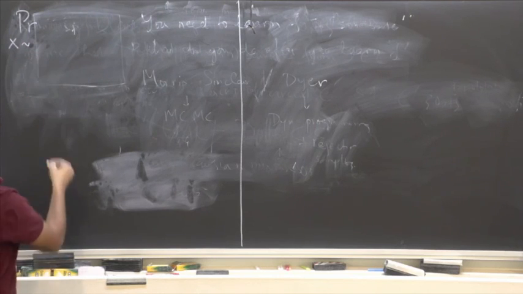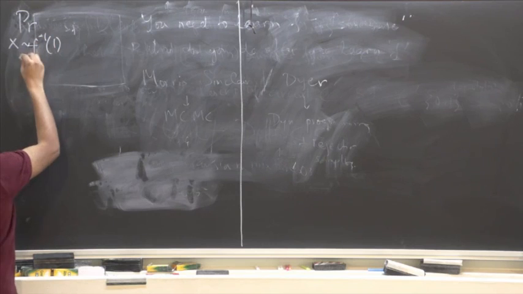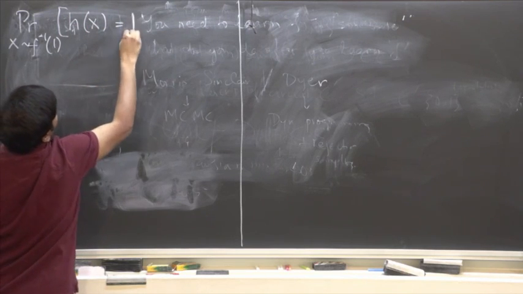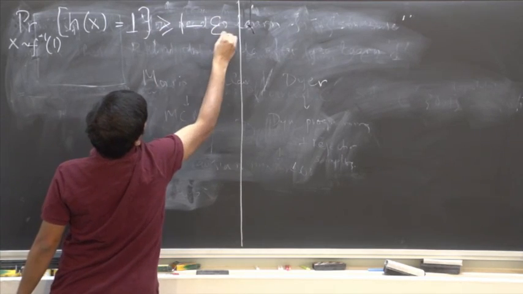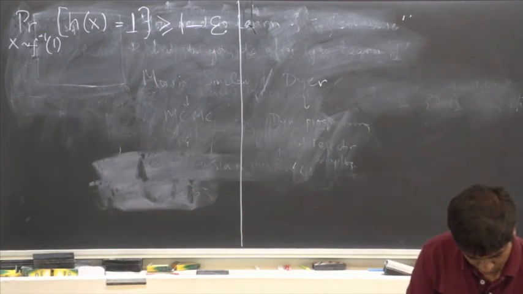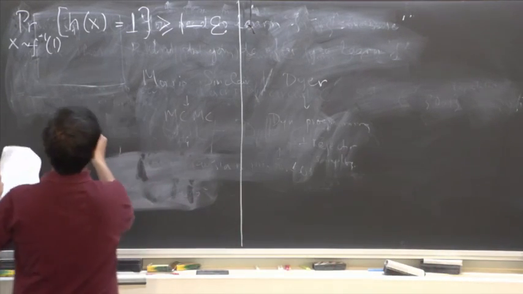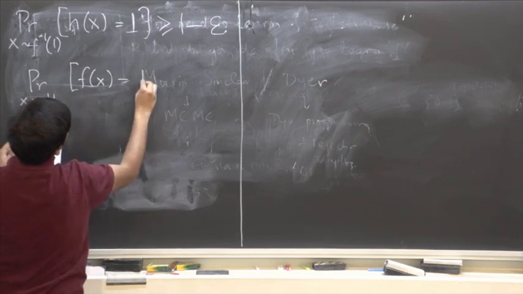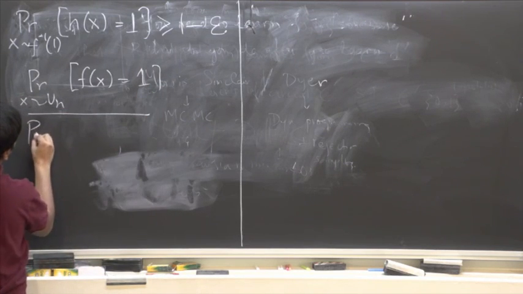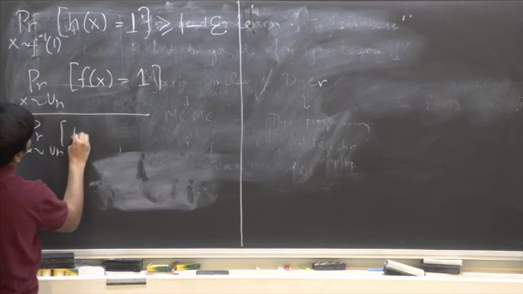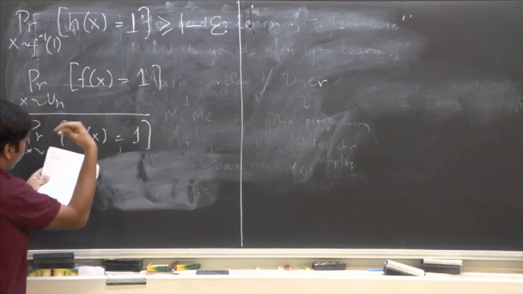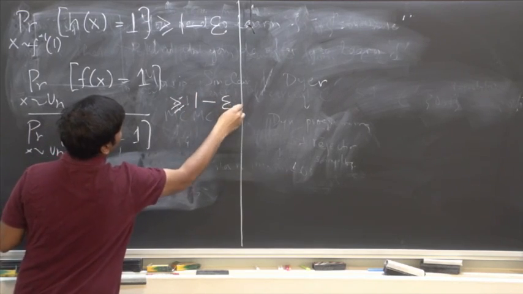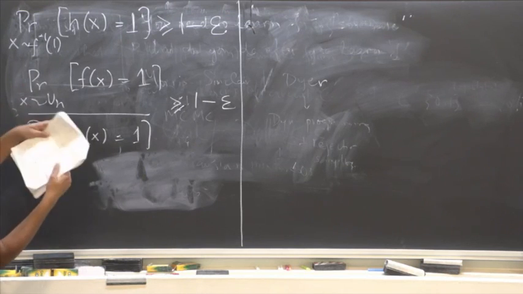The multiplicative error I can rephrase in the following way: if I draw x uniformly from f inverse 1, then h(x) equals 1 with probability 1 minus epsilon, and the relative density of the set on which f(x) is 1 divided by the set on which h(x) is 1 had better be at least, let us say, 1 minus epsilon. Of course, it is going to be bounded by 1 plus epsilon because of this kind of constraint.